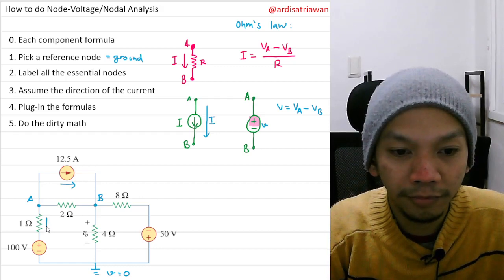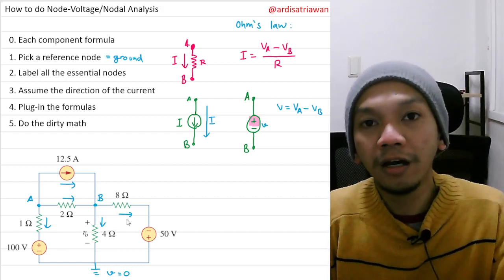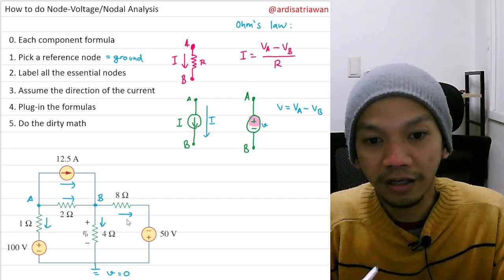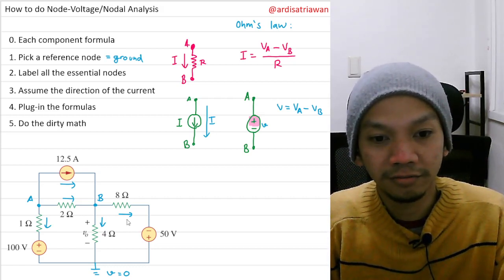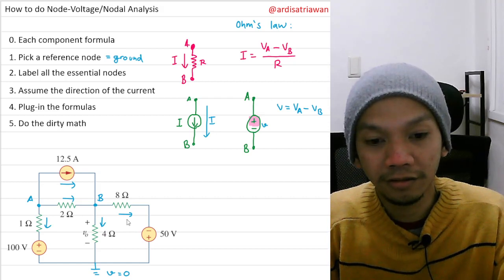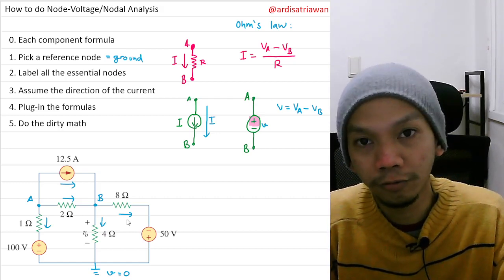So I want to assume this direction, maybe this direction, and this direction. After you assume the direction of the current, you cannot change the direction of the currents, so be consistent when you do your calculations.